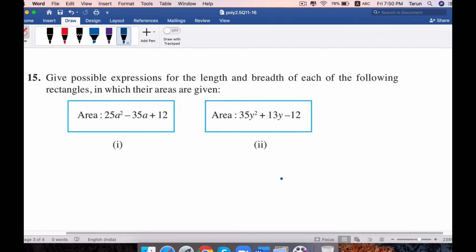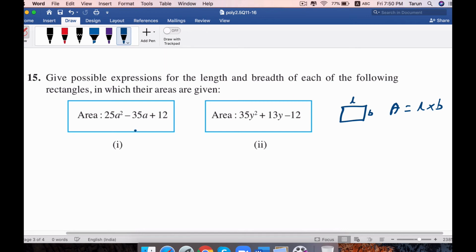Okay, now it says give possible expressions for the length and breadth of each of the following rectangles. So I must remember that a rectangle's area is given by length into breadth. So area is equal to, I must write it in the factorized form. For the first one, when I multiply 25 into 12, I get 300.